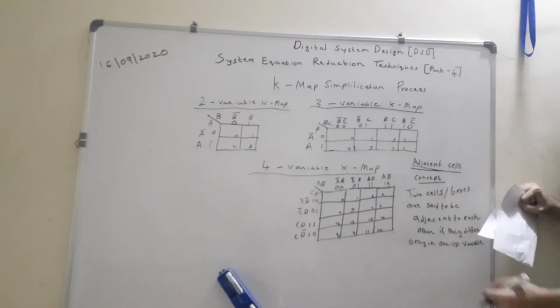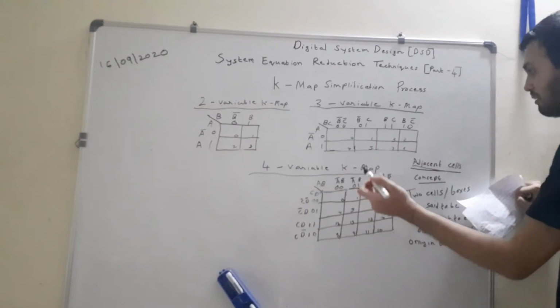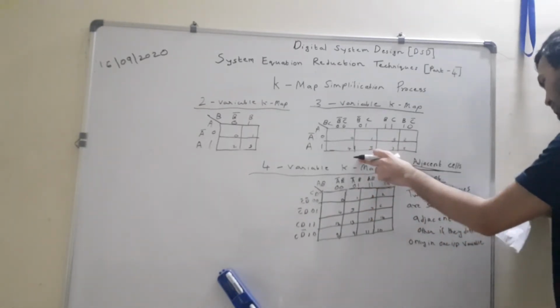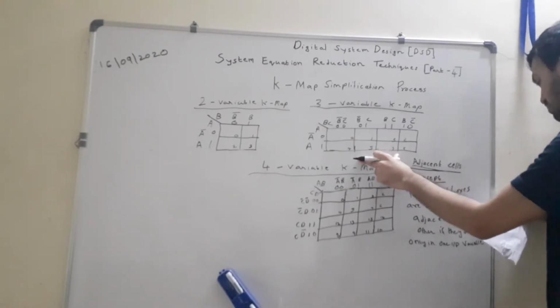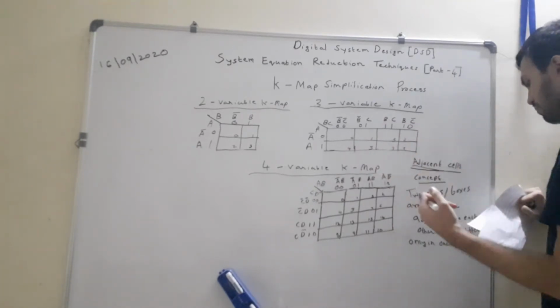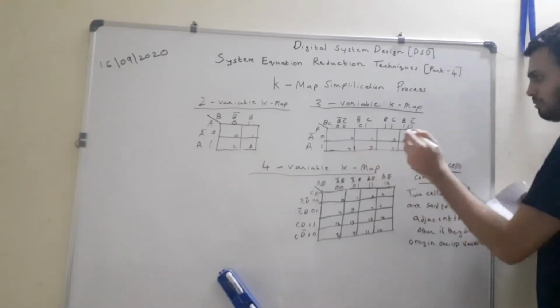Let's take an example. First we will start with the three variable K-map. Now we want to find which cells are adjacent to each other. So what does the definition state? That two cells are said to be adjacent to one another when and only when they differ in only one input variable. So what does this mean?